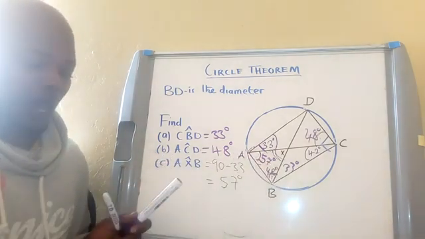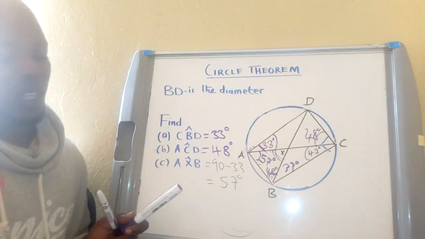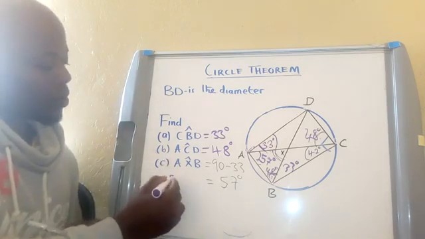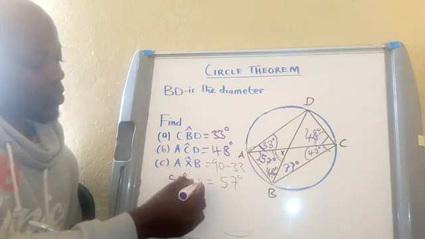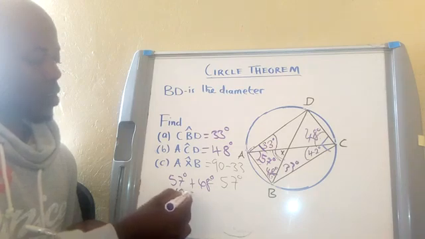So we can sum them up. 57 plus 48 degrees will give us 105.